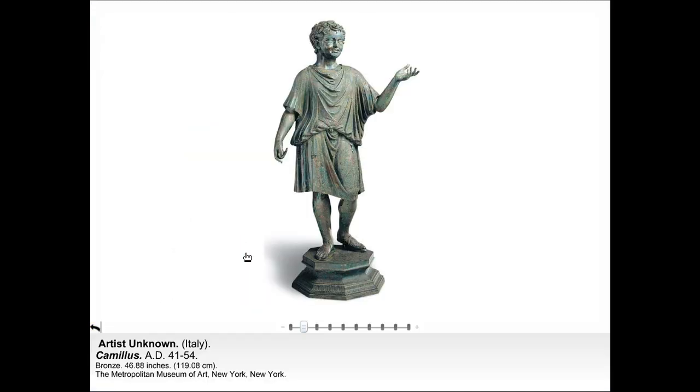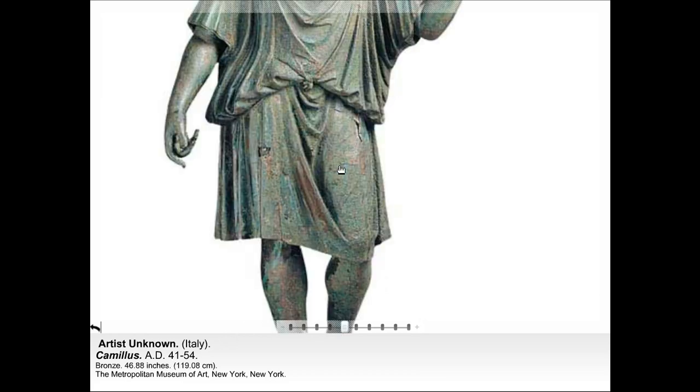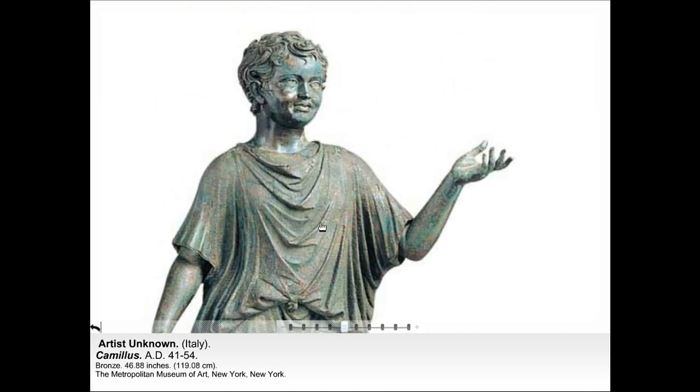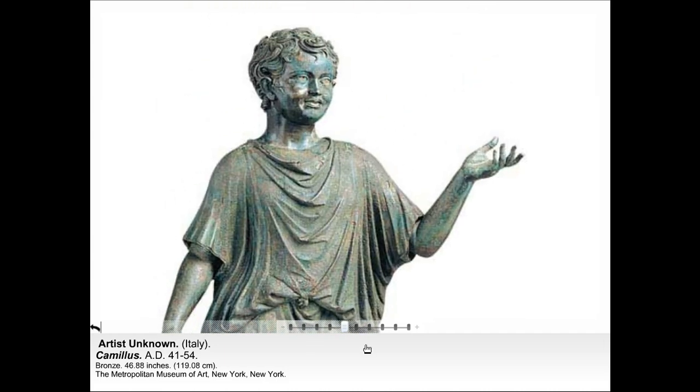You could find this if you visited the Metropolitan Museum of Art in New York, and this was made out of bronze, which is a type of metal. It's 46 inches high, and it was made a long time ago. And remember, a sculpture or a statue is something that you can walk around.